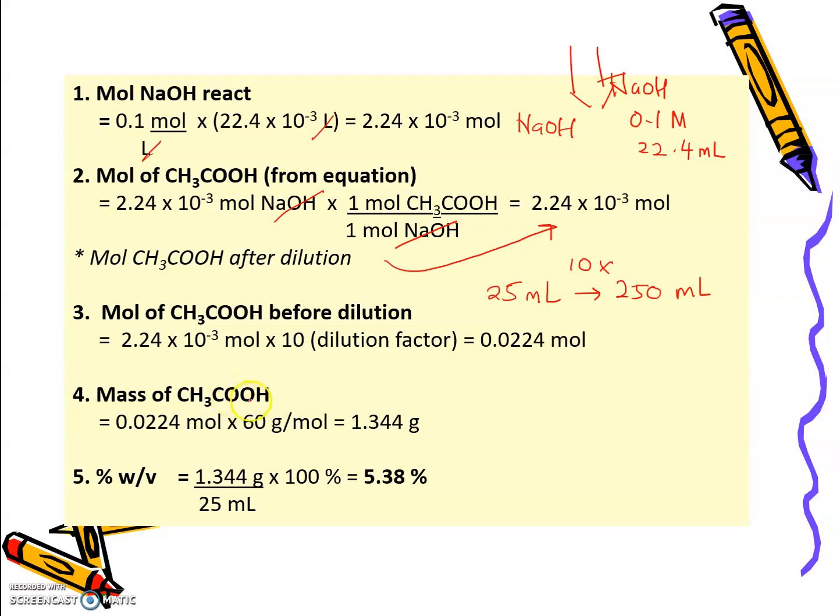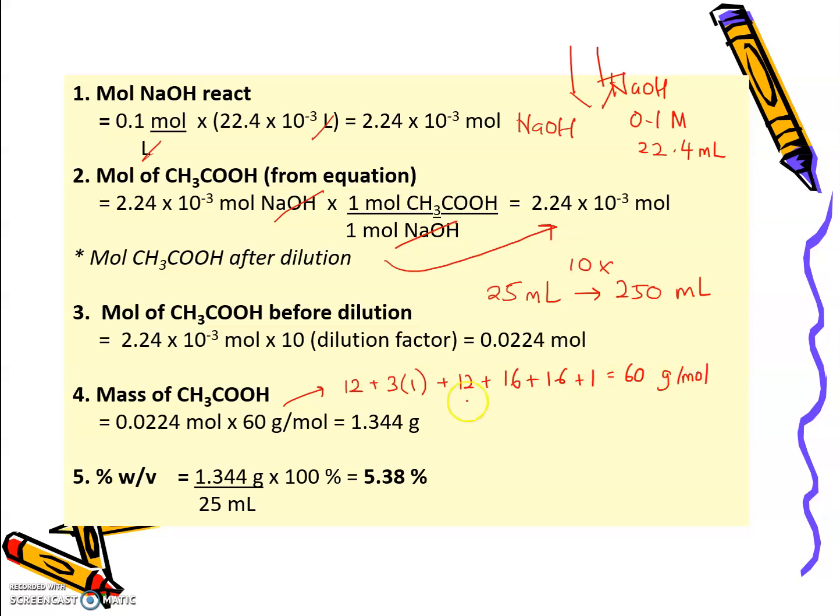After that, find the mass of acetic acid: 0.0224 mole times the molecular mass of acetic acid. Carbon 12, hydrogen 1 times 3, plus carbon 12, plus 16, plus 16, plus 1, equals 60 gram per mole.